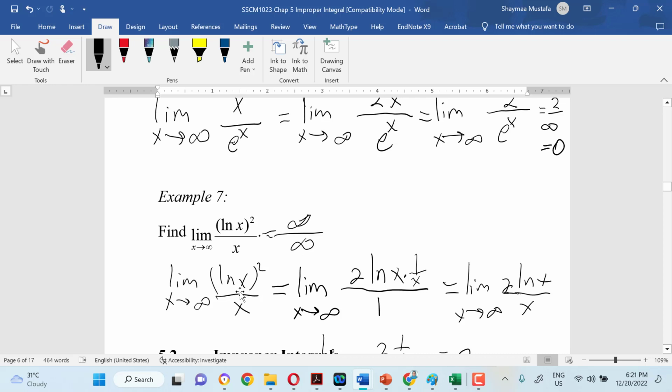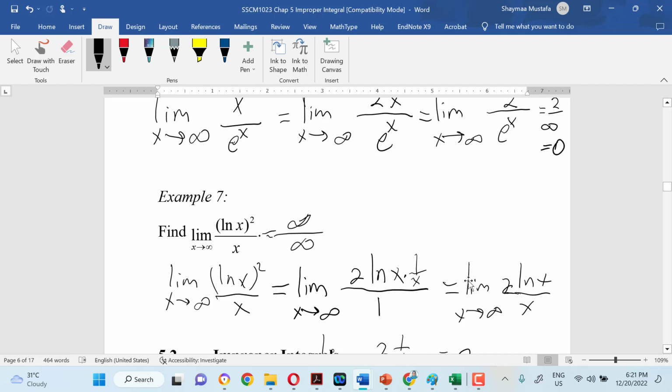By applying L'Hopital's rule, you take the derivative of the numerator over the derivative of x. The derivative of (ln x) squared is 2 ln x, the 2 coming down as a power, multiplied by the derivative of ln x, which is 1 over x. And the derivative of x here is 1.